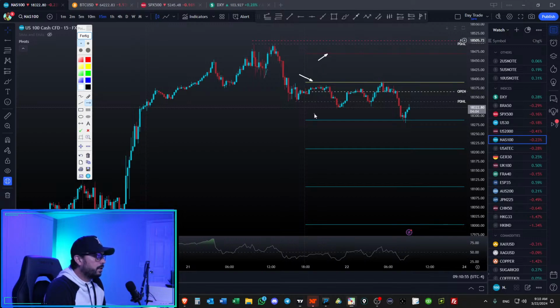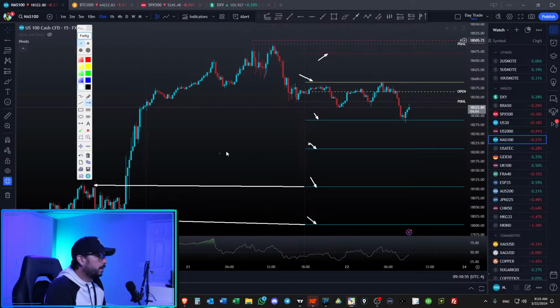That's resistance 1, R1. This is S1, S2, S3, S4, and we got more R's towards the upside. So those are the levels. As you can see, the pivot points conflict pretty nicely with all of the zones. That's why I like to use them.